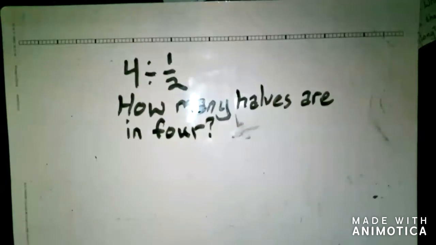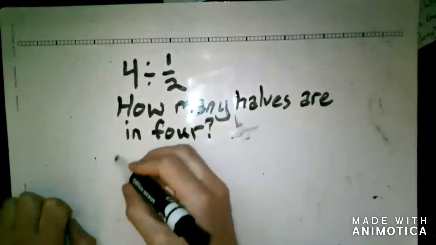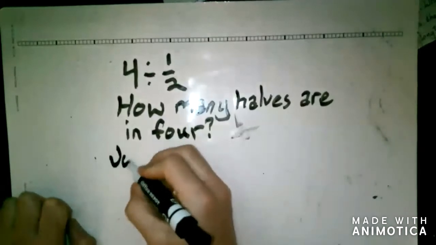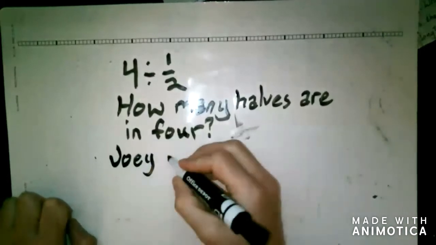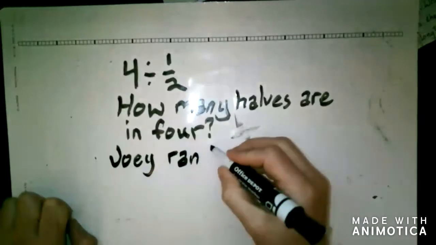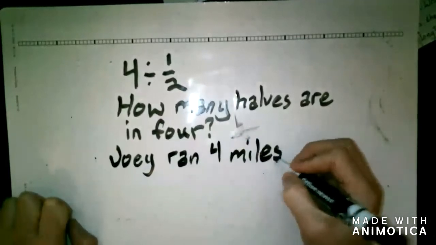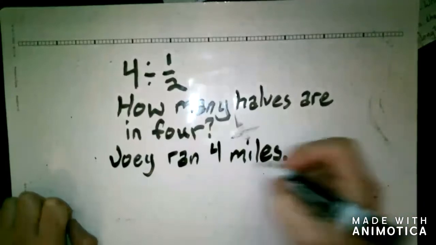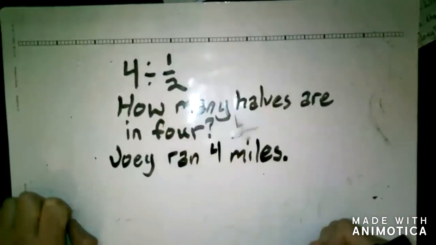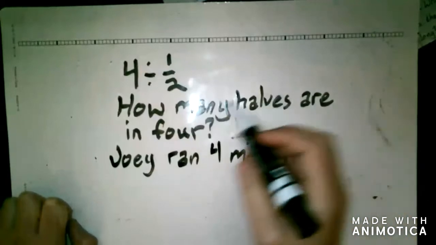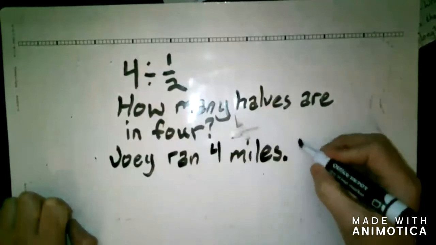Now, to make it into a story problem, I could say something like, Joey ran 4 miles. So I've started with 4, and now I need to find out something about halves.